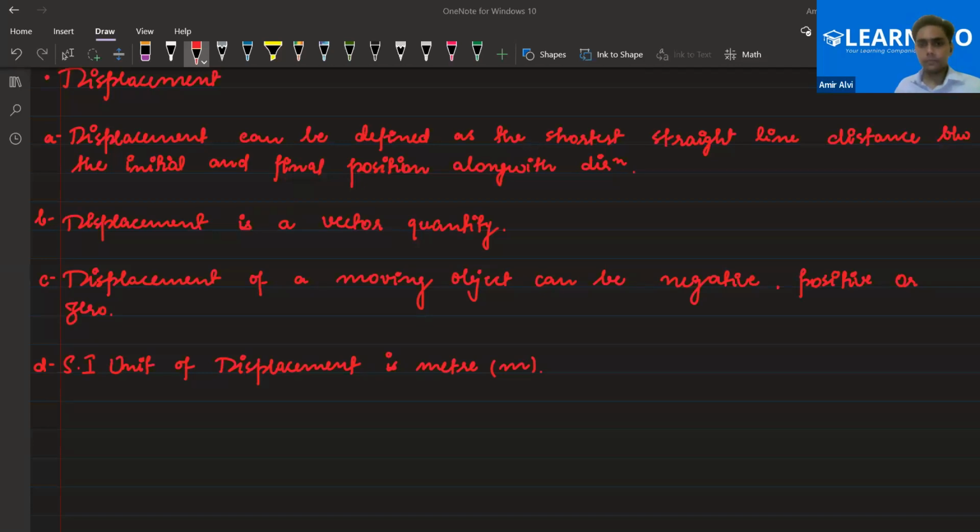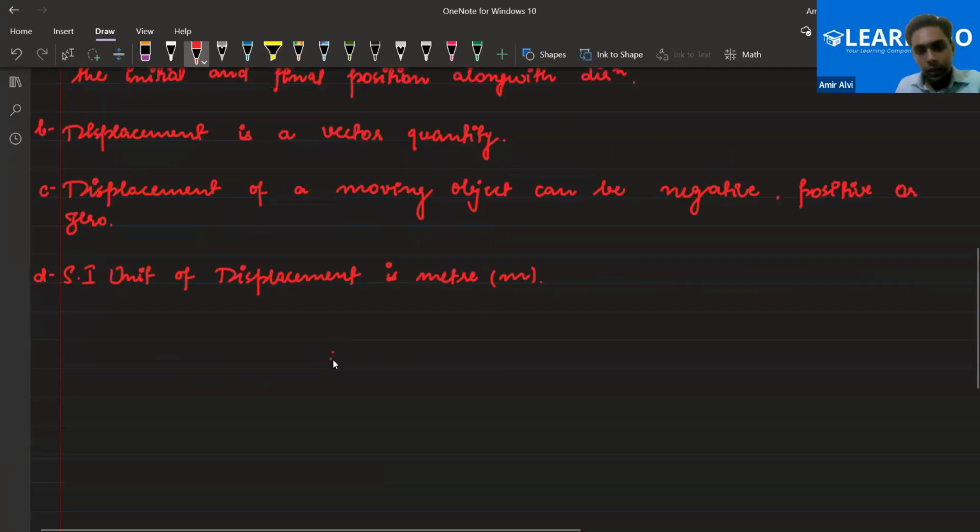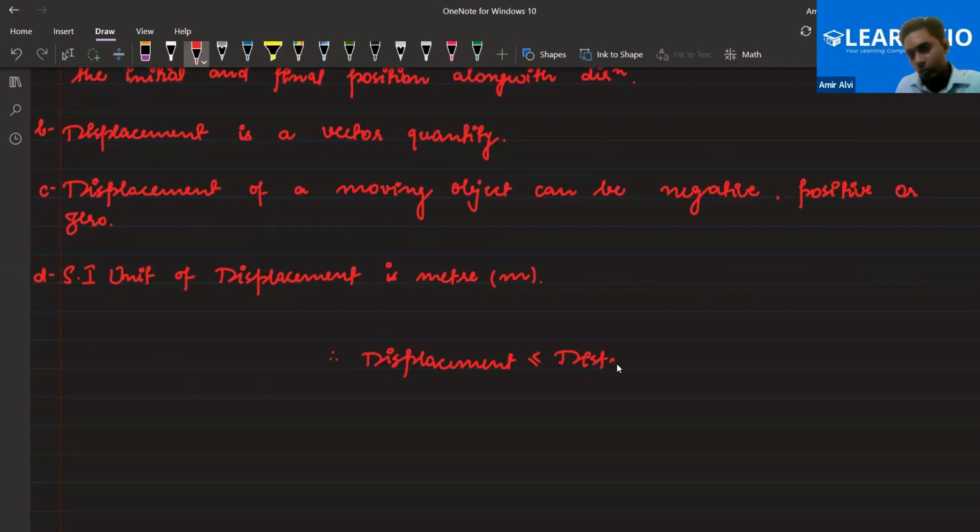Okay. So these are the properties of distance and displacement. From this we can conclude one thing, that displacement is always less than or equal to distance.